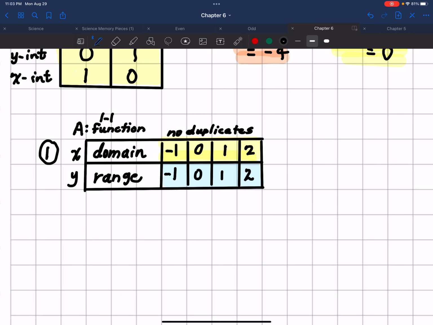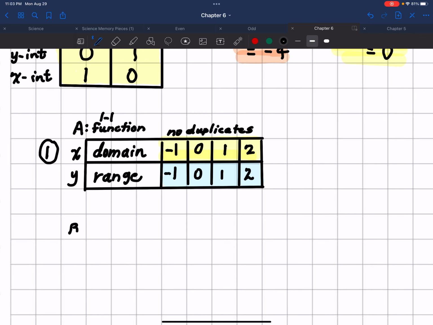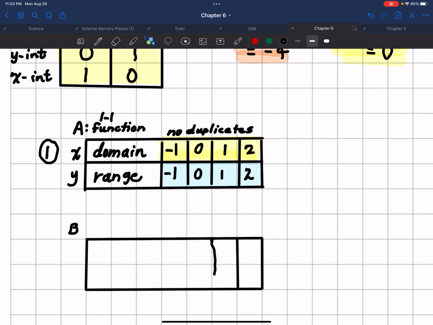All right, here comes table B. So let's draw another one. Doesn't matter if it's going up and down or side to side. The rules do not change. Whoa, that was not a straight line.